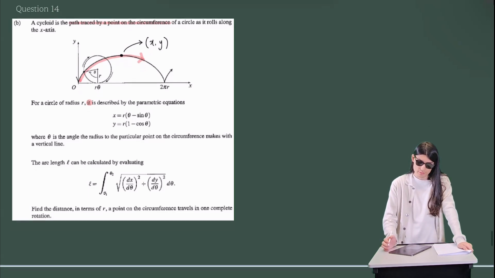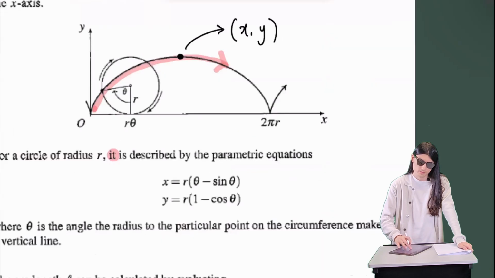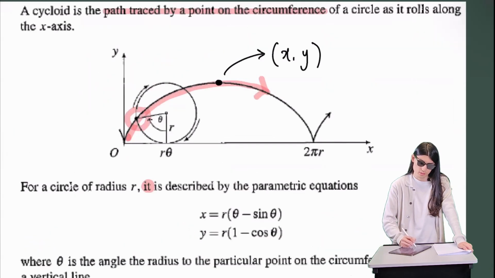And then it tells you that the arc length L of this cycloid can be calculated by evaluating this definite integral. And your job in the question is to find the distance, in terms of r, a point on the circumference travels in one complete rotation that this point on the circle makes.